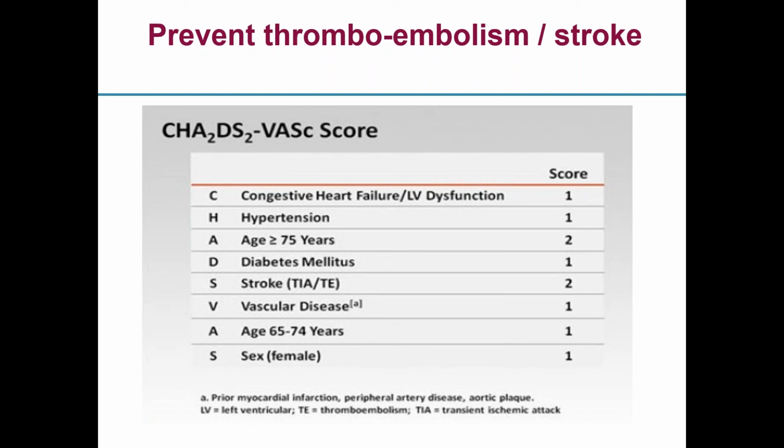But if it's 2 or above, then the risk goes up, and I'll show you that in a minute. And usually most people believe, or at least the studies show, that the benefits overall of an anticoagulant outweigh the downsides.